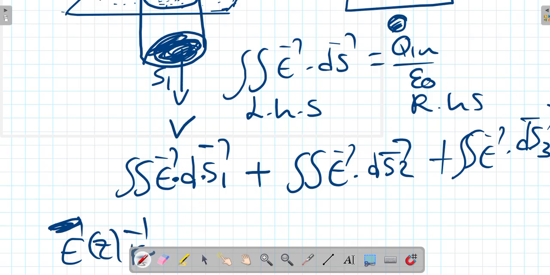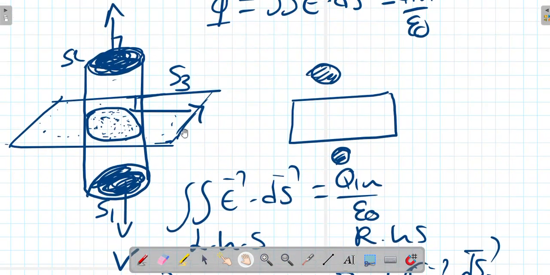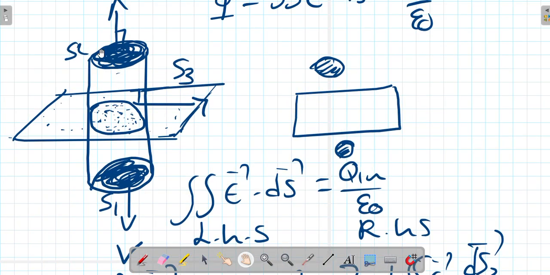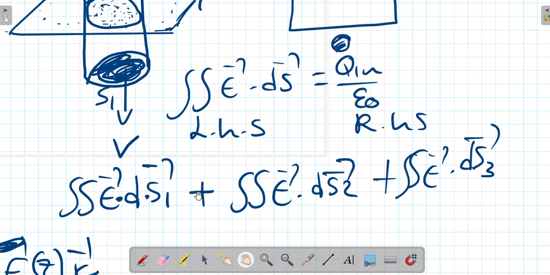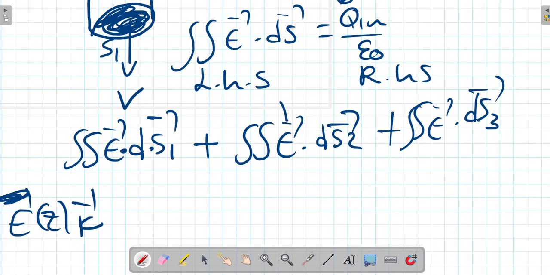For S2, you are dotting it with E. Is E in the same direction as S2? Yes, S2 is in the Z direction.